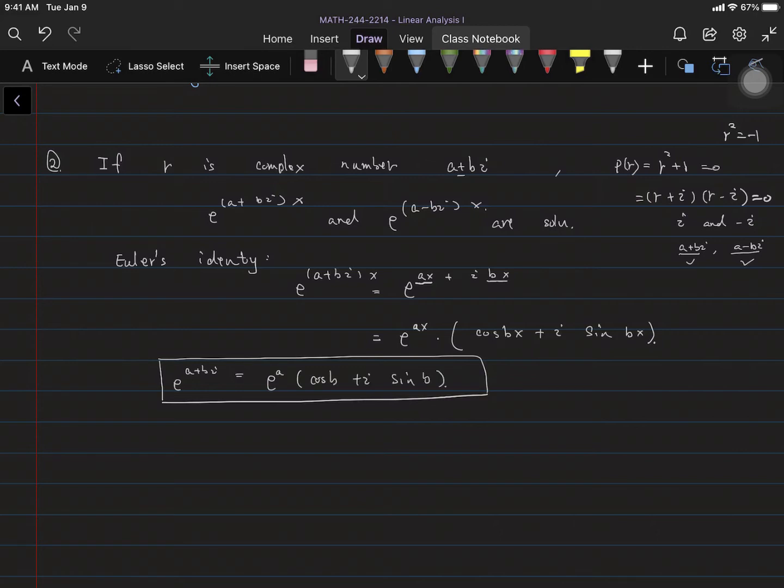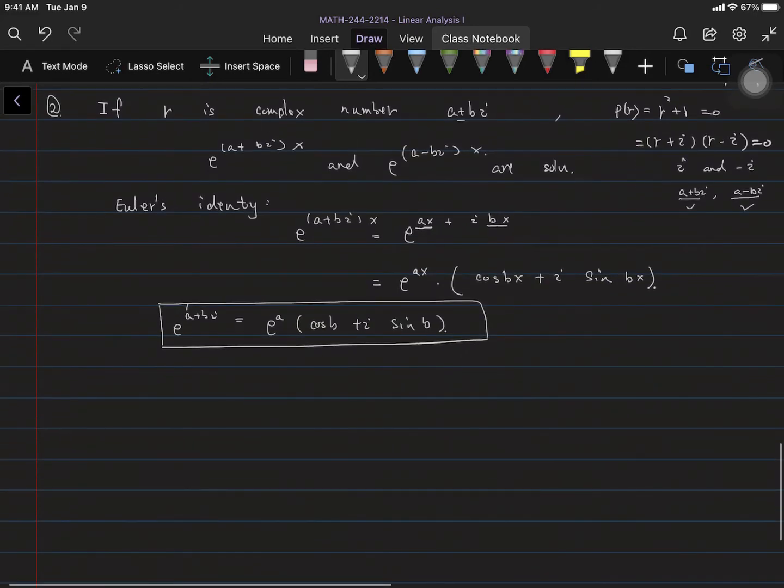You may have already seen this in some other class, right? This is called Euler's identity. So it's e to the real part, and for the imaginary part, we change into sine and cosine. So this is our solution. We continue to look at our solution here.